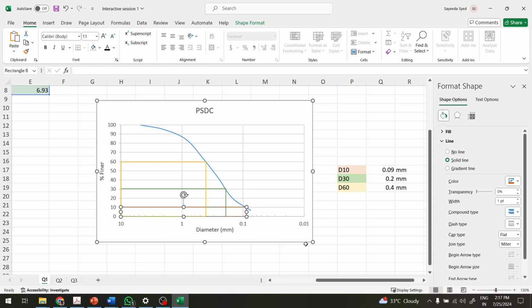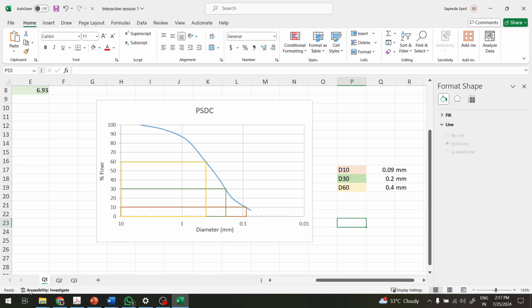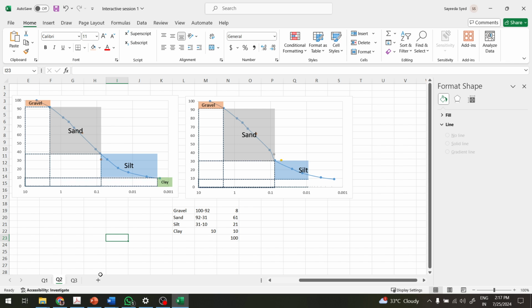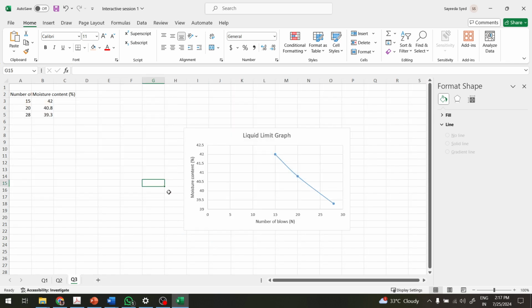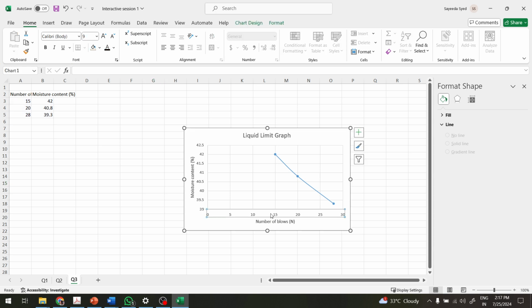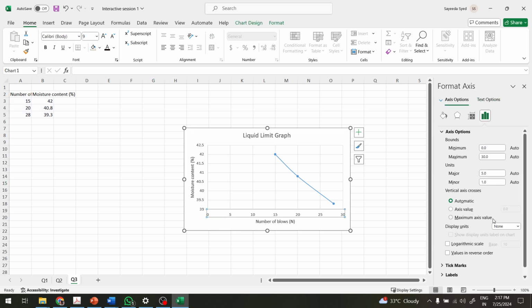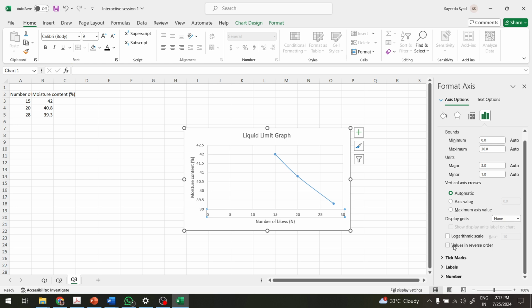So from this, you will get the idea for the next one. I will not include the titles here. Okay, so let us change this to logarithmic scale, as I mentioned that this has to be in log scale. Let's start from 10 to 100.